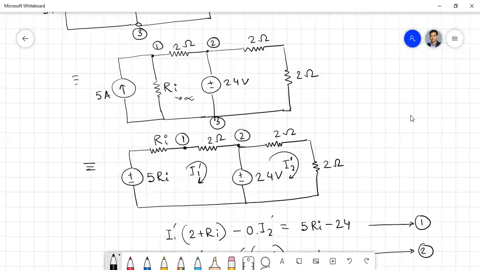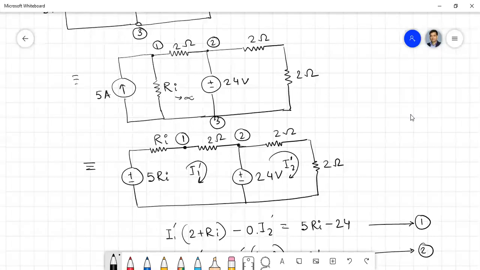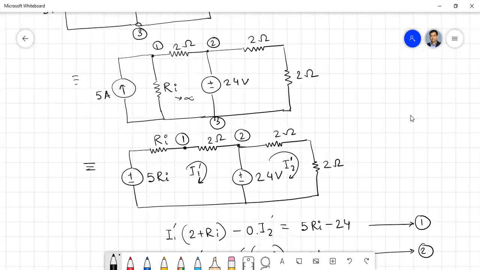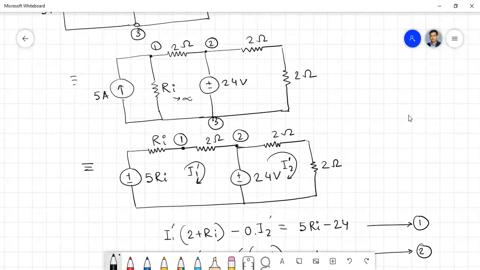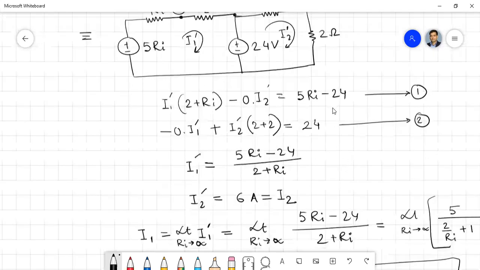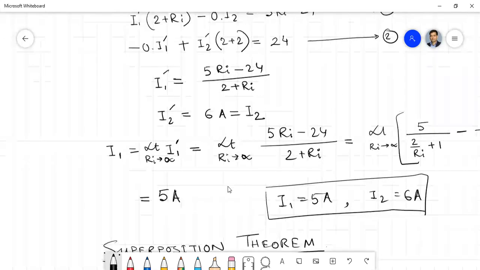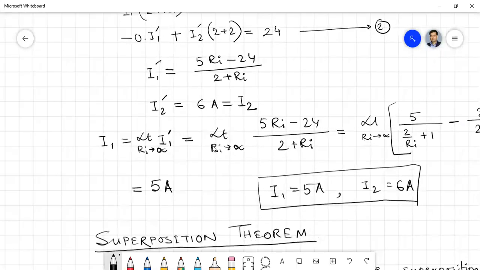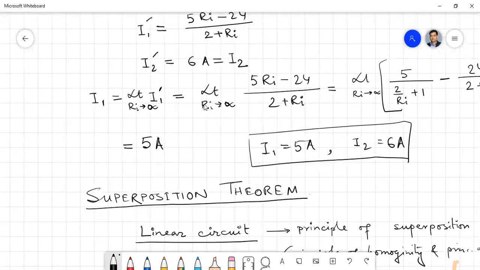So if there is no resistance in parallel to the current source, we have to assume some internal resistance in parallel with the current source, and the limiting case we have to consider is when the resistance in parallel to the current source tends to infinite. Okay, so these little things you have to remember when solving different circuits.